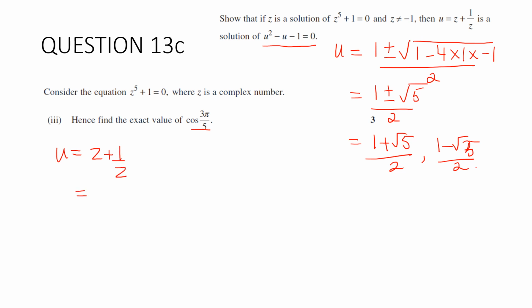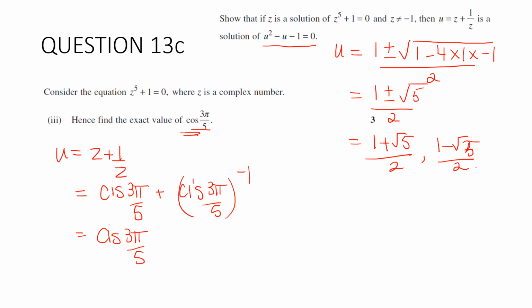So using this, we're going to have cis 3 pi on 5 plus cis 3 pi on 5 to the power of -1, which is cis 3 pi on 5 plus cis of -3 pi on 5. And expanding those out, we know those imaginary terms are going to cancel out. But we'll do it anyway.